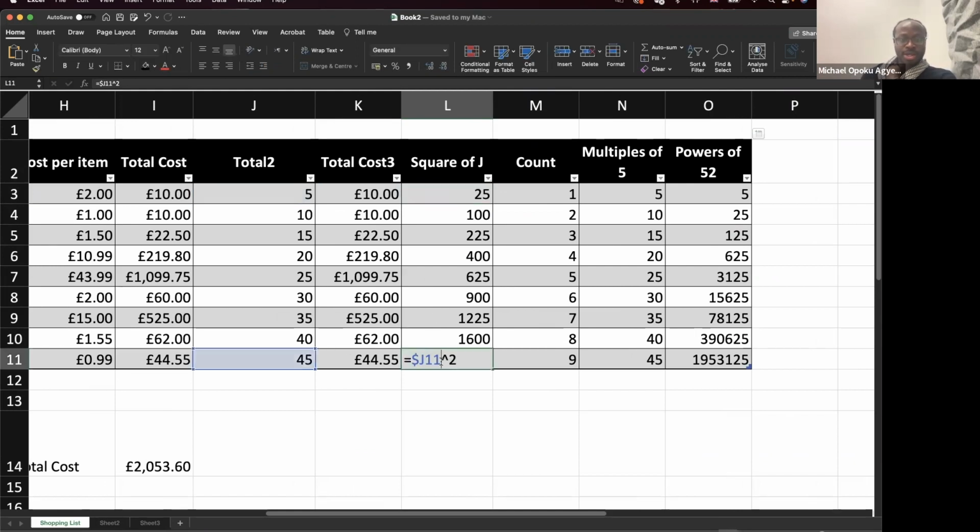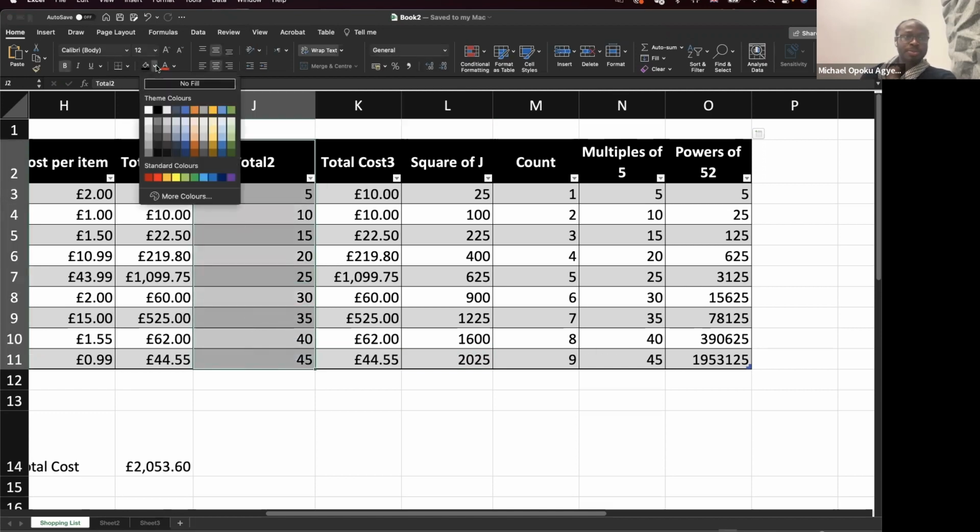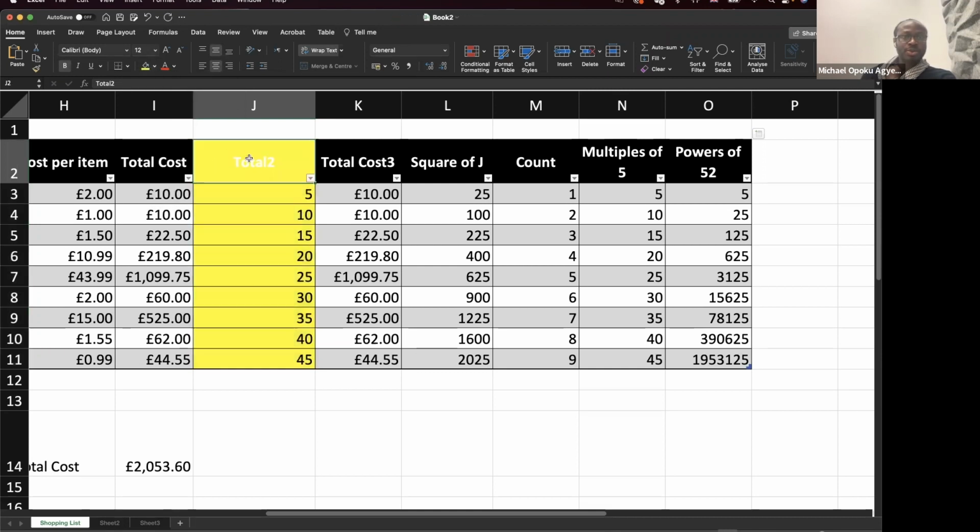So if I click here as well, it's the corresponding value that is raised to the power 2. So we're still dealing with this particular column. We're dealing with that column. Does that make sense?